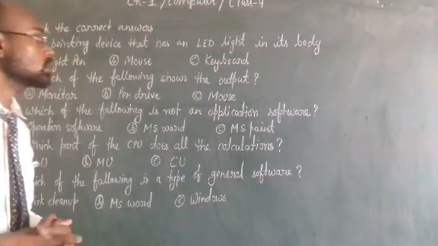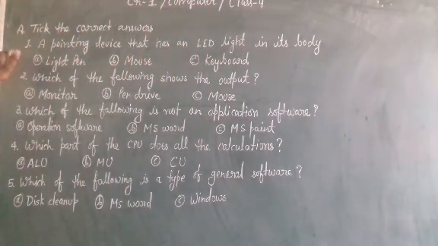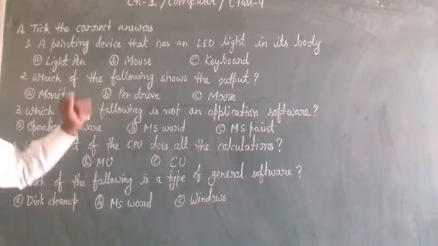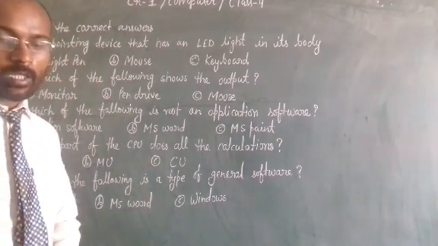Question number first is a pointing device that has an LED light on its body. There are 3 options in this question. Option number A is light pen, option number B is mouse, and option number C is keyboard.